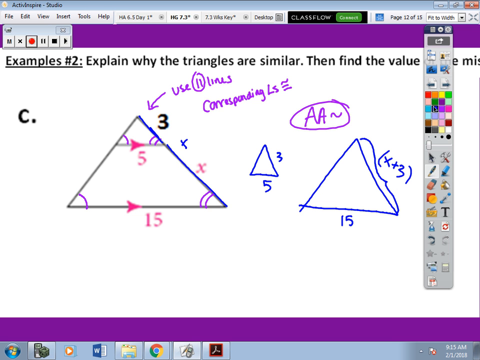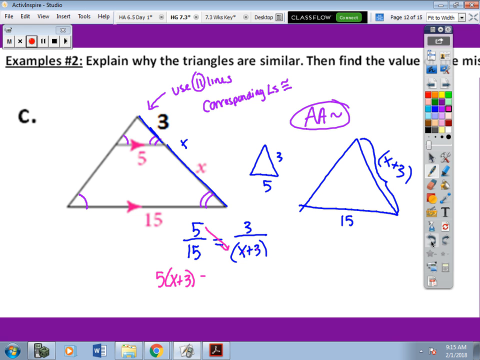And then we set up our proportion and we cross multiply. So 5 over 15 equals 3 over the quantity x plus 3. And you could reduce 5/15. If you want to reduce this to 1/3 to make your numbers smaller, go for it. But cross multiply. Make sure you distribute the 5 to the x and to the 3.